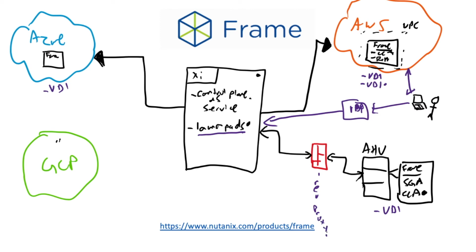Cool. So that is the Xi Frame control plane in a nutshell, and the fact that I can move workloads around between clouds, and I can assign them to users based off of whatever memberships they have using an identity manager and our user setup. And it can be on-premise, it can be in the cloud, it can be a combination of the two.